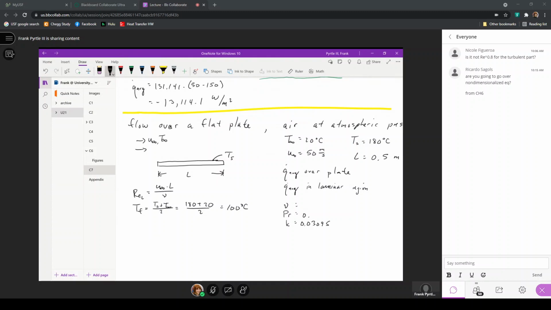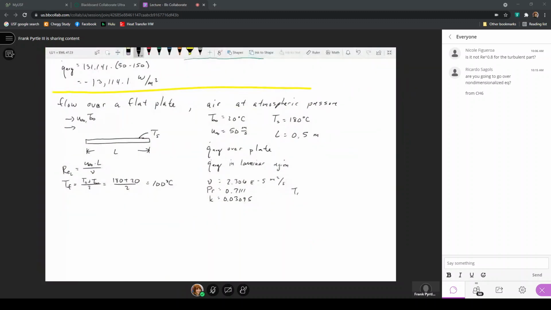For the Prandtl number, 0.7111. And for the kinematic viscosity, 2.306 times 10 to the minus 5 meters squared per second. So we have these quantities, and this was table A15. So we have the quantities that we need to make the calculations.